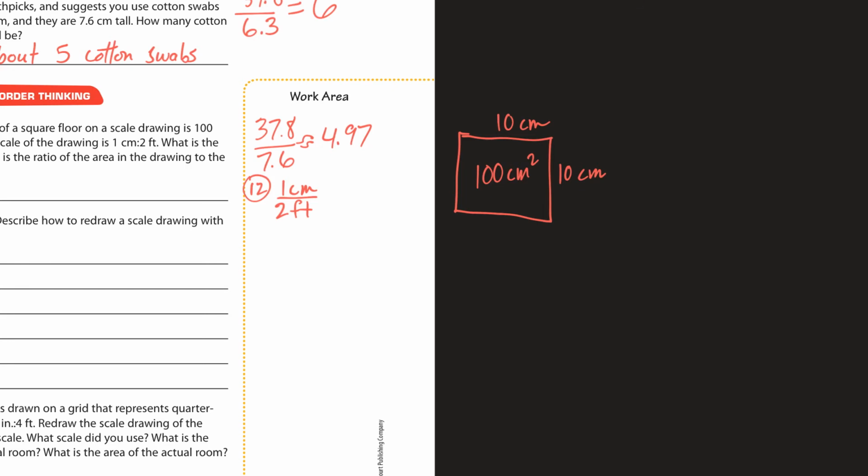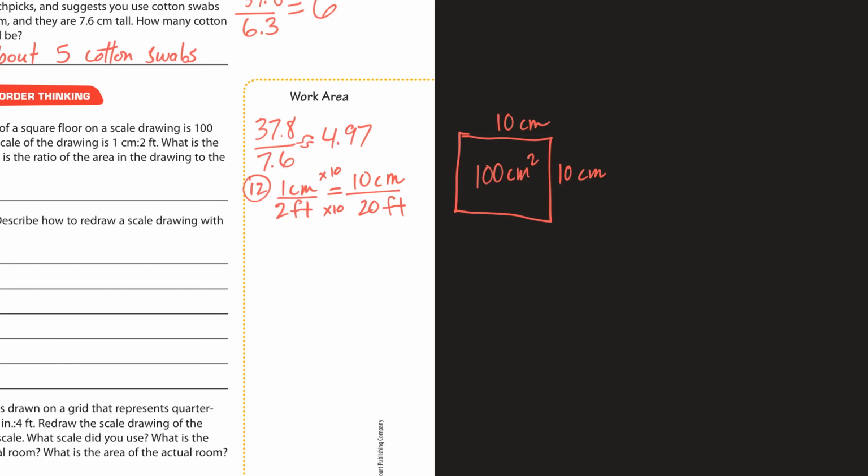So each side is 10 centimeters. So that means if I multiply this by 10, this one gets multiplied by 10, and that would be 20 feet.